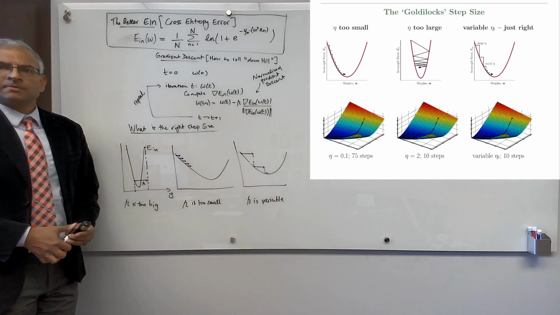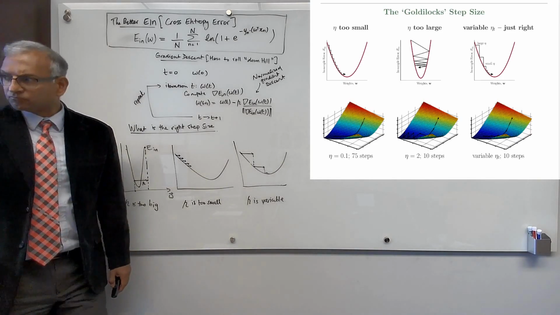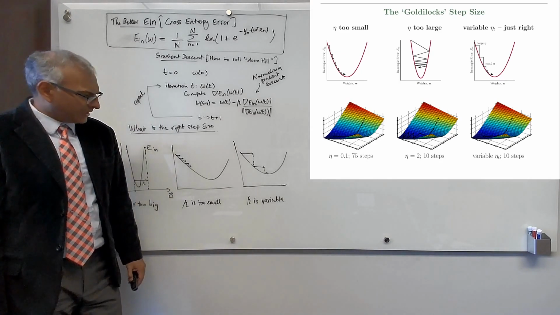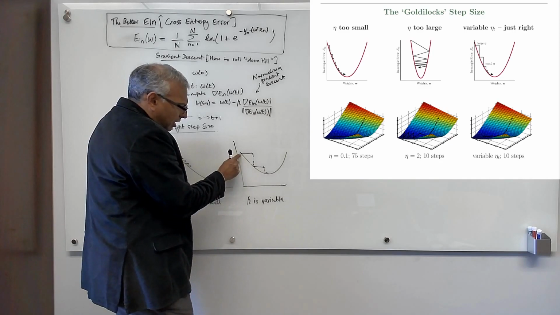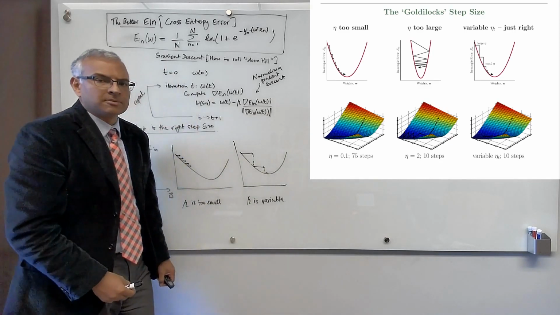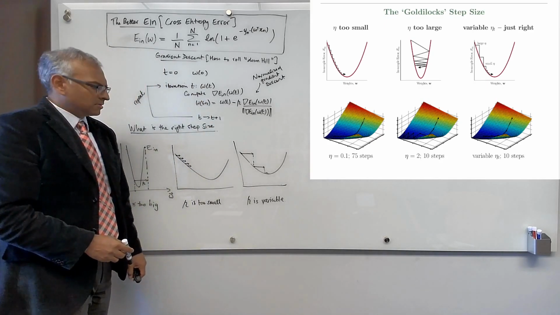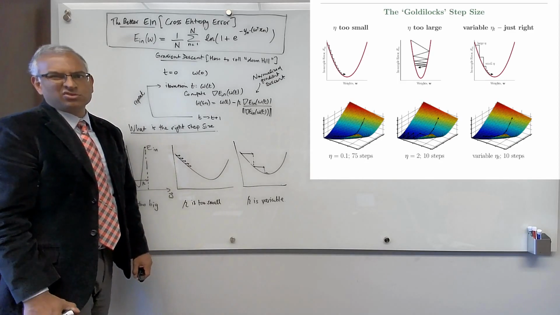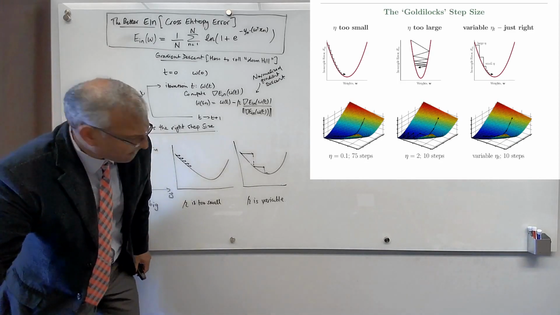So, if we're going to allow for a variable eta, then we somehow need to be able to decide how far we are from the minimum. Because when we're far away, we want to have a big step size, and when we're close, we want to have a small step size. We would like this, but we need to know how far we are from the minimum. In general, that's not so easy to do.